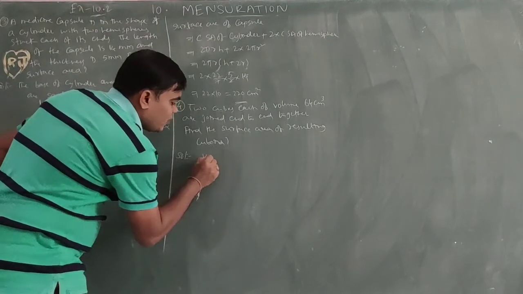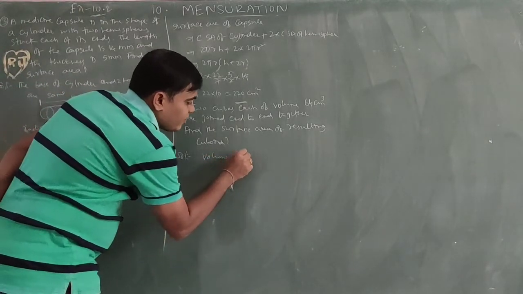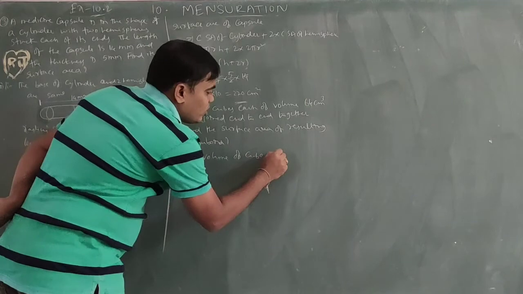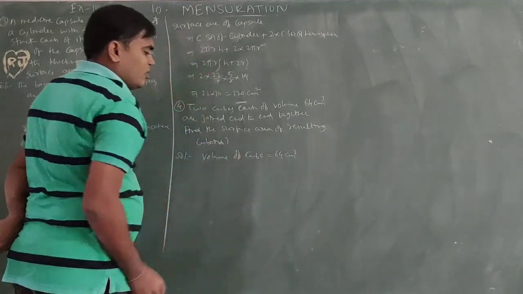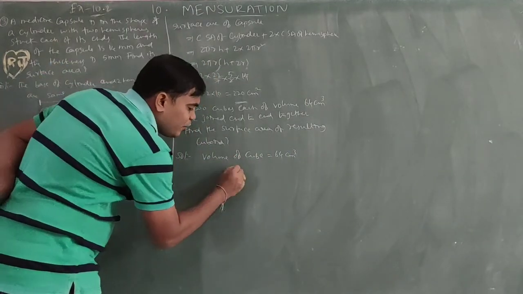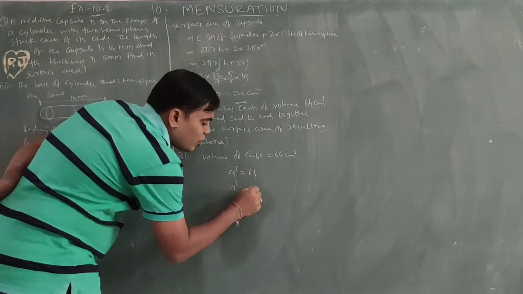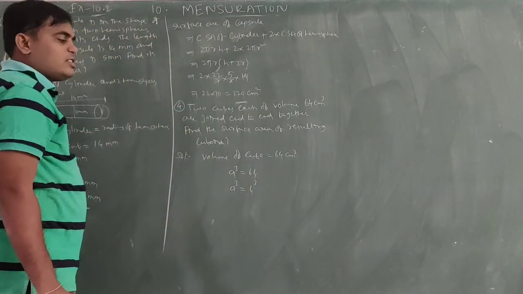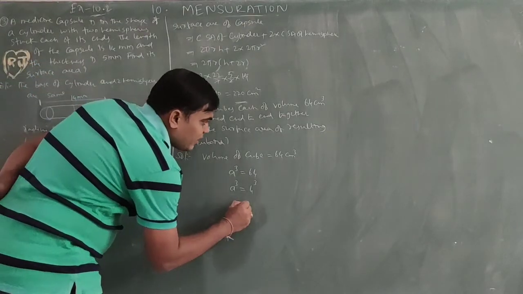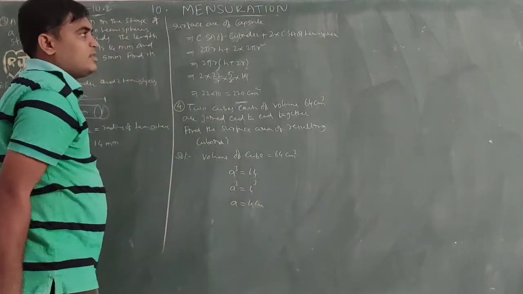First, the solution. The volume of the cube is 64 centimeter cube. So by the cube volume formula, a cube equals 64, which is 4 cube. 4 into 4 is 16, into 4 is 64. So a equals 4 centimeters.